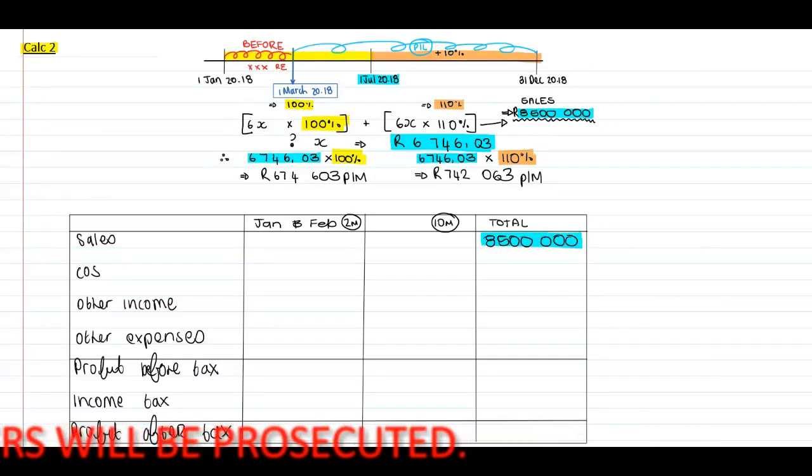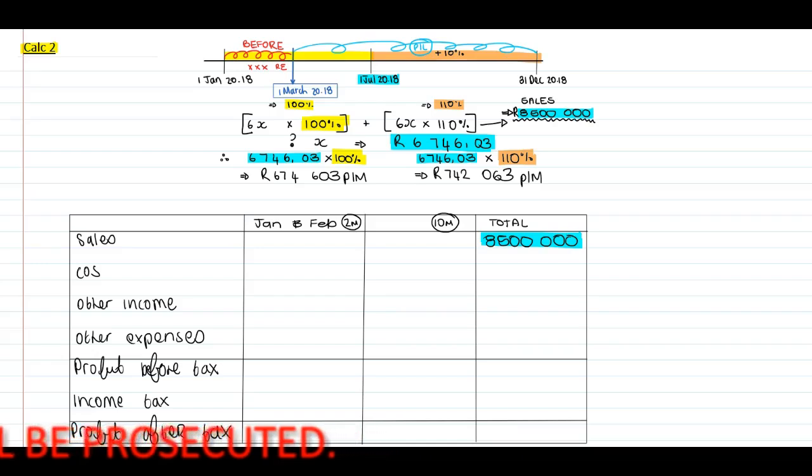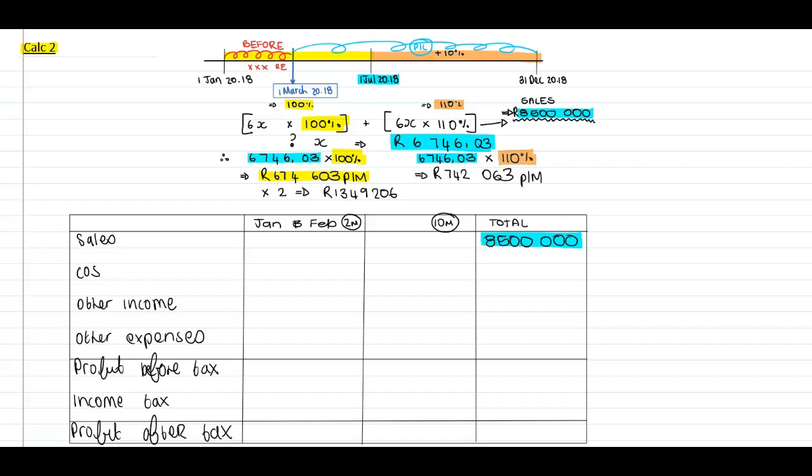Okay? We have determined that our monthly sales for the first 6 months is 674,603. Therefore, use this amount times 2, and this will be your sales for January and February, 1,349,206. Immediately, I will transfer this.